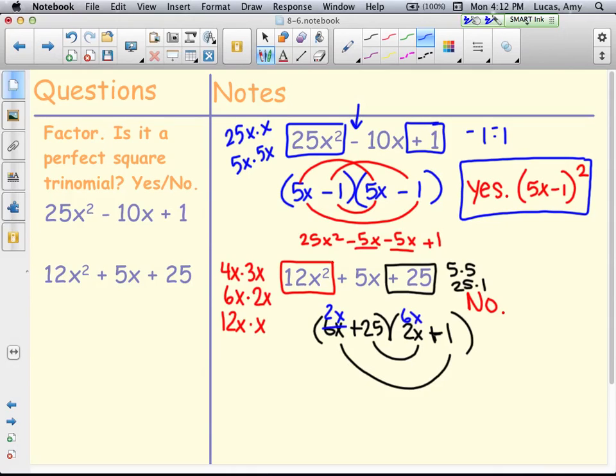If I switch these around, nope, 2x and then 25 times 6x, that's 150x, that won't work. So none of these are going to work on this problem. So if you cannot factor it, it is prime.